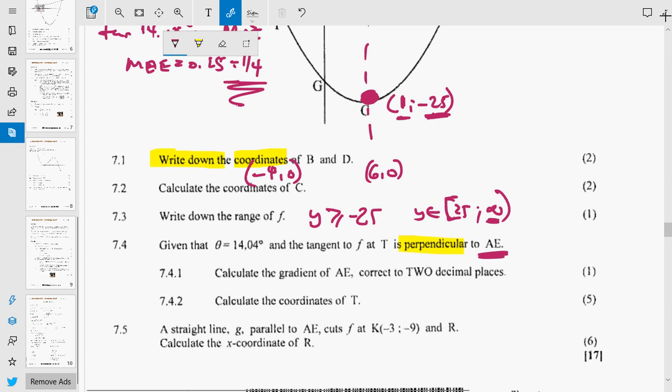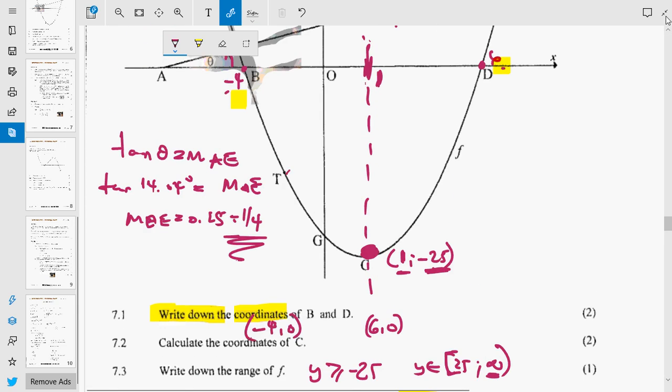Now, the next exciting part is they're asking me to calculate the coordinate of T. Now, remember, we've got a tangent to f at T. Now, if we have got the tangent at T, there's something you must remember. So, we have got a tangent here.